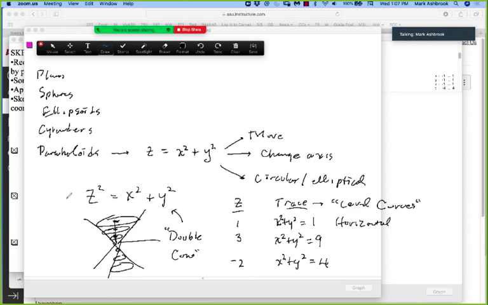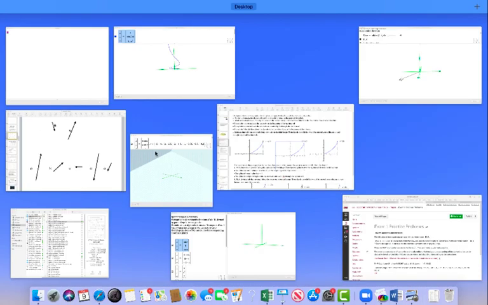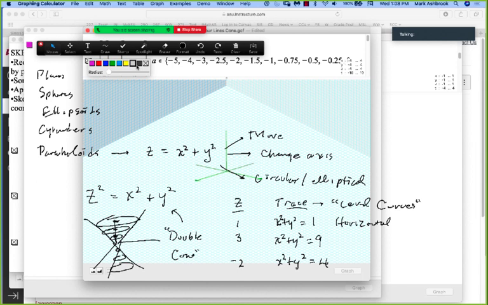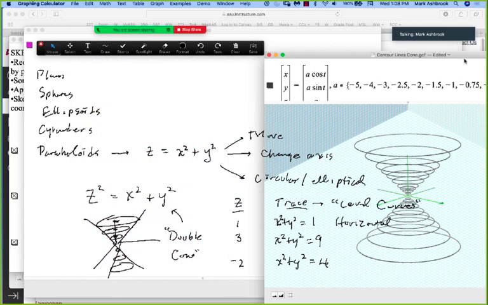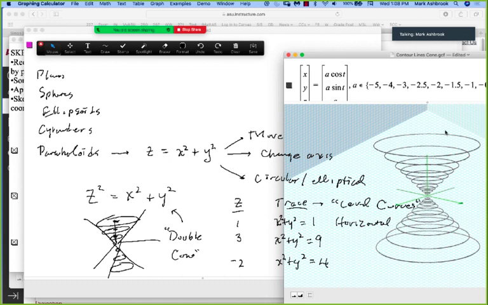Okay, so let's just take a look at a pretty version of this reference double cone. Can you guys see that? So here's the pretty version. Those are the level curves, right? And those level curves are kind of giving us a feel for what the surface is like.